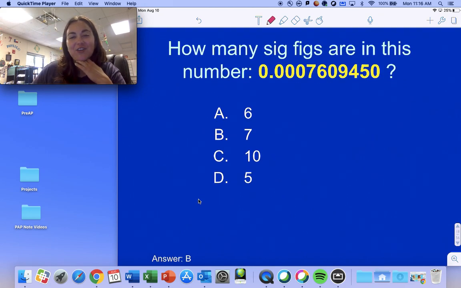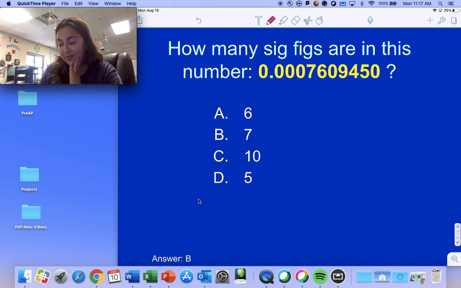How many significant figures are in this number? This is from your notes. The answer is down at the bottom, but let's figure out why. Going through the 4 rules that we know, anything that's not a 0 is considered to be significant. So we at least have 5 significant digits in this number. Second rule, between zeros. This is a between 0, so that is definitely significant.